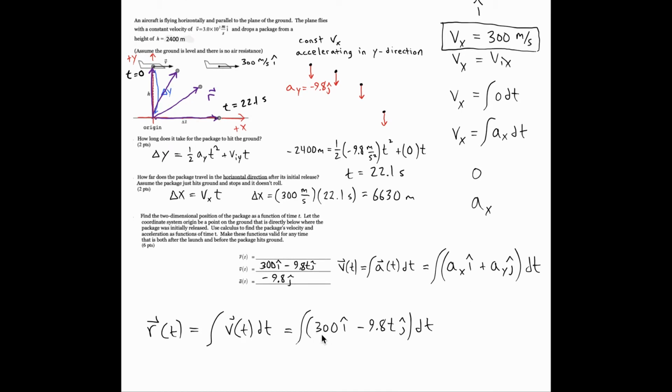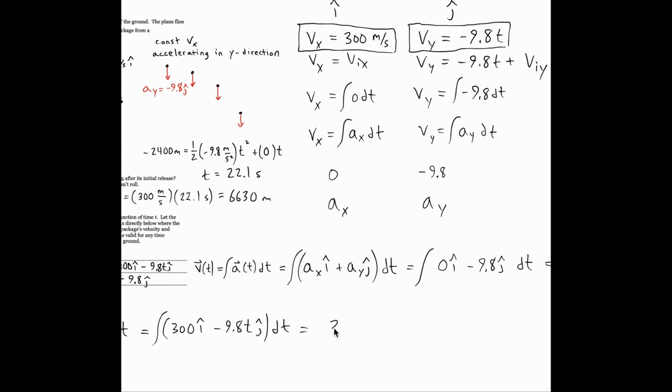Just like I did before, just treat them as if they're separate integrals. And what would you do? You'd get 300t plus some initial x position. That's for the left side there. And then we attach that with i.